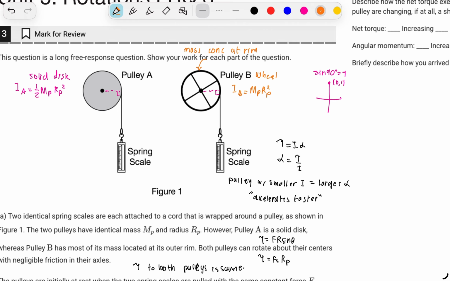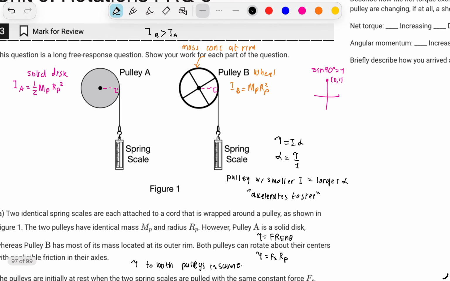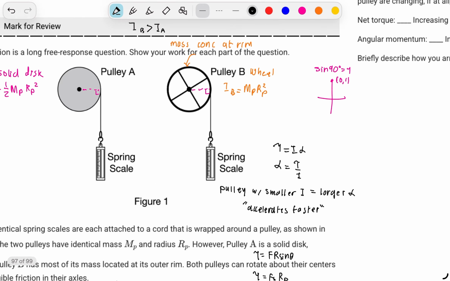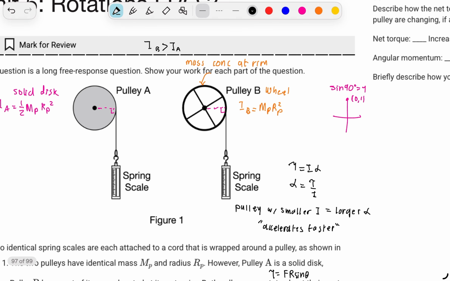So that means that I_B is greater than I_A. That's because rotational inertia measures your resistance to a rotational force, and in this equation, alpha is equal to torque over I. The pulley with a smaller I is going to have a larger angular acceleration.